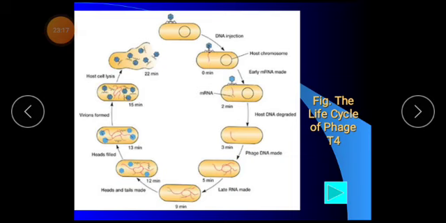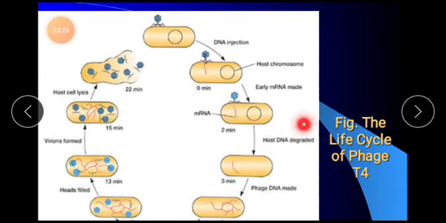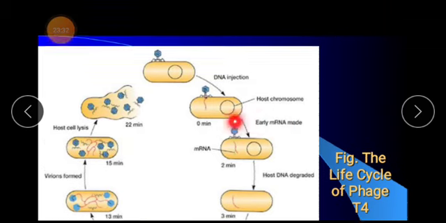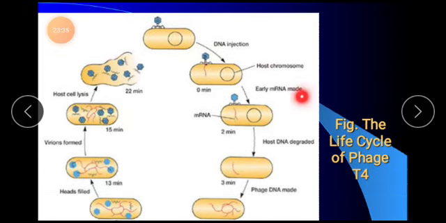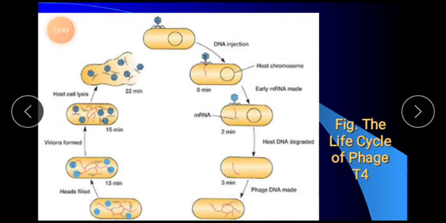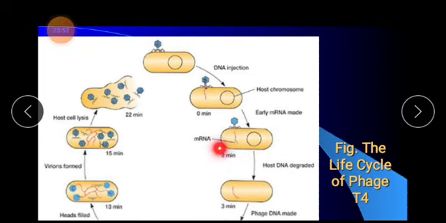So also there's the life cycle of phage T4. This is what we call the life cycle of phage T4, and this is the process. As we see in the first stage, you can use that first diagram, or you can use this diagram, to explain more about the life cycle of phage T4. If the viral cell attaches on the host, it releases its chromosome. Then messenger RNA is made.